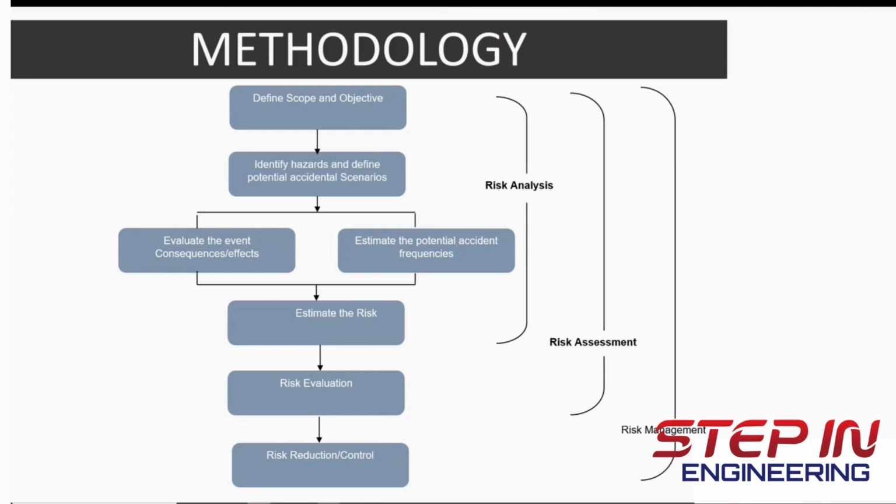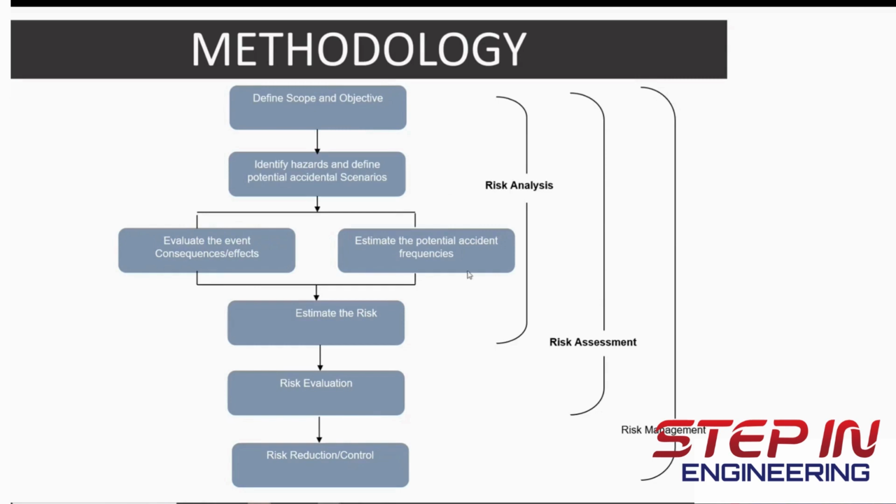Process-oriented means it can even be applied to some software industries and miscellaneous industries, but predominantly we use this study to assess the risk associated with process industries, not only oil and gas. Clear? So if you give risk control measures and you evaluate the entire process, this kind of study is called risk management.